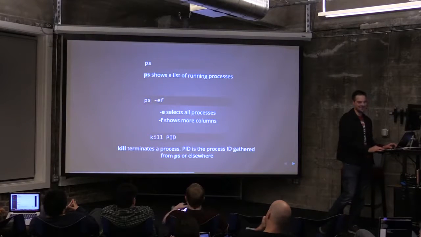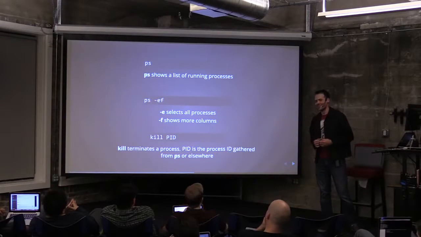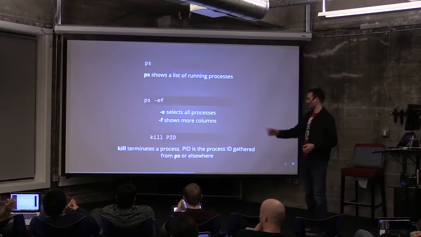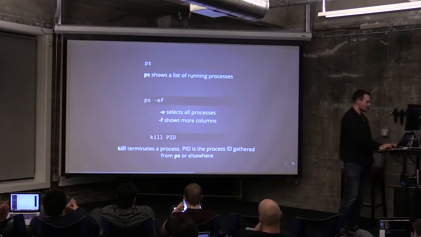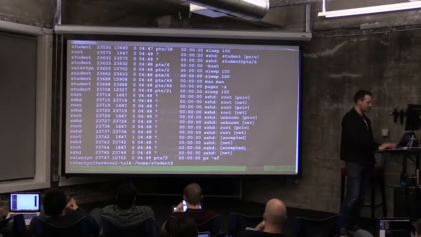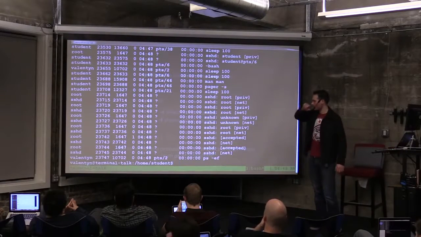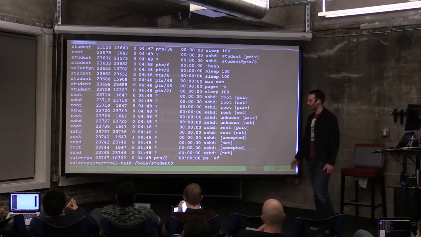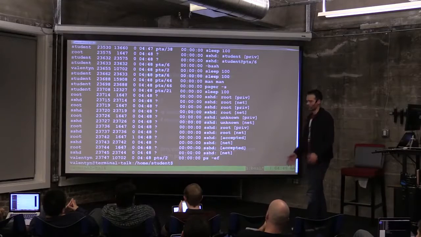And then, man, I'm going to regret showing you guys this with some of the people in the room. If you type kill and then a process ID, which is what's output in the second column, you can kill a process. Basically, you would only be able to kill other people's terminal connections. You wouldn't be able to bring the system down because you're not root.